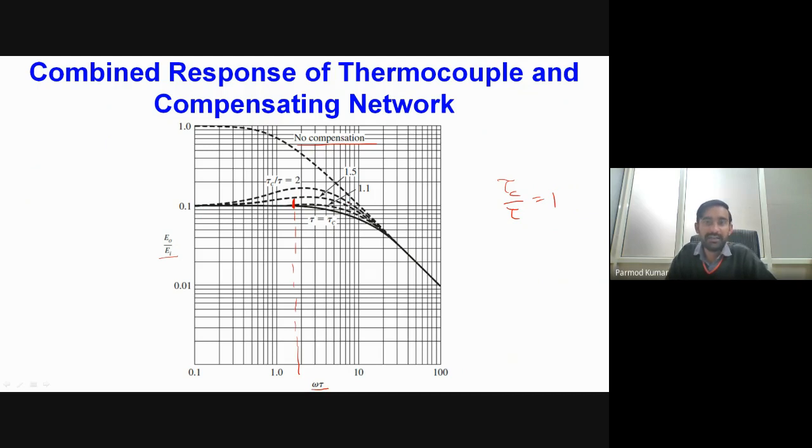If you increase the value of tau by tau c, the zone up to which we find the constant value is limited to a very narrow range of frequency.